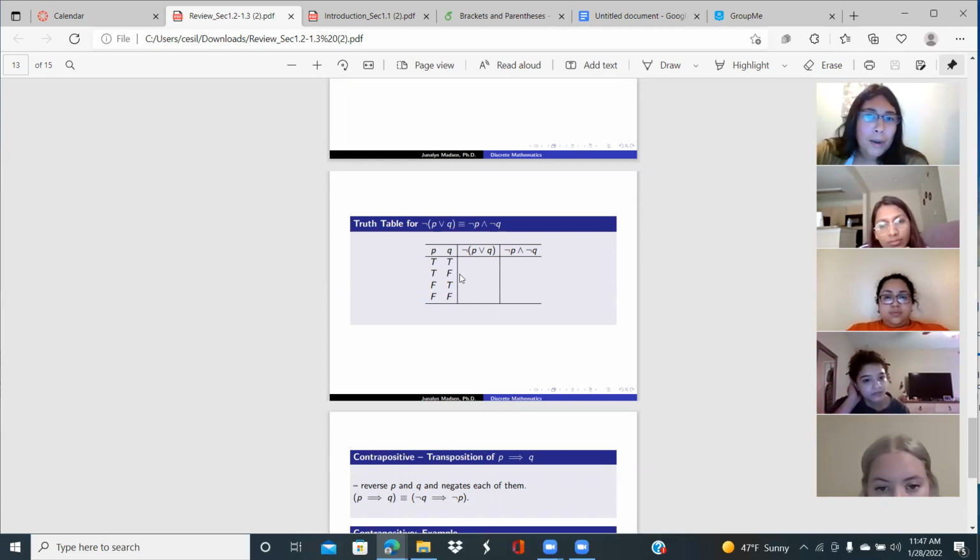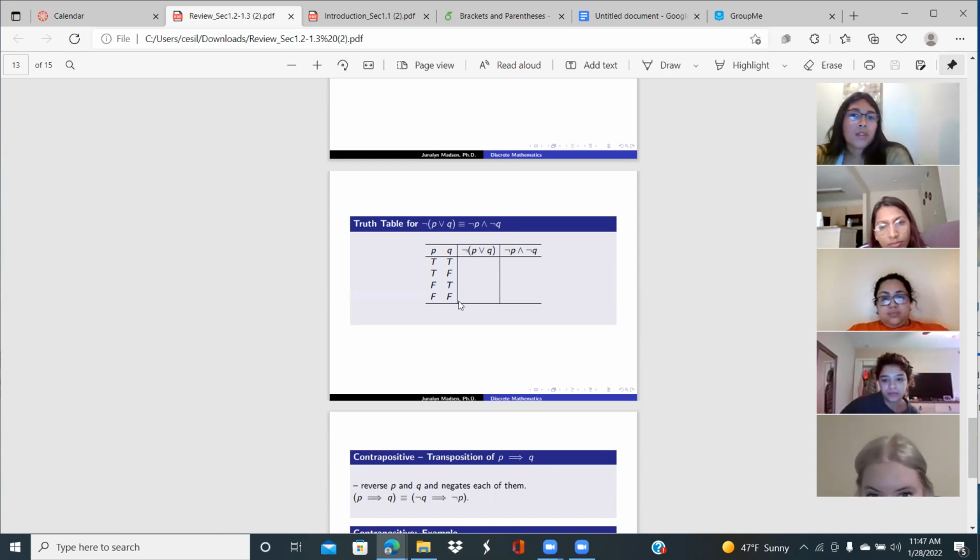Then this one, P or Q, you can still choose true, but not of true is false, so that would be false. This one's the same way, which would be true, not false. But this one, since it's false and false, not of P or Q would be true. And then for this one, not P or not Q, it's false for either, well, and.